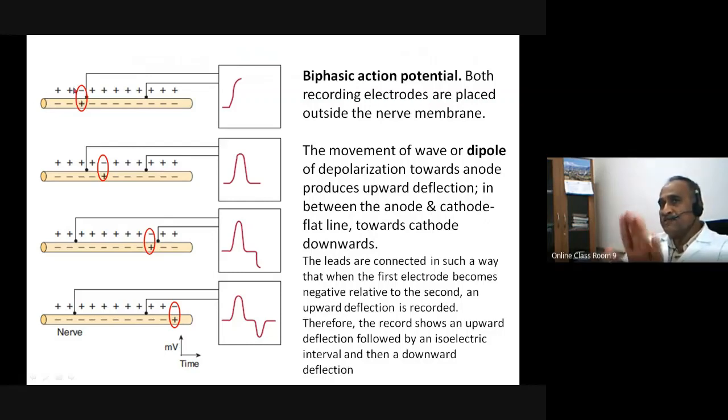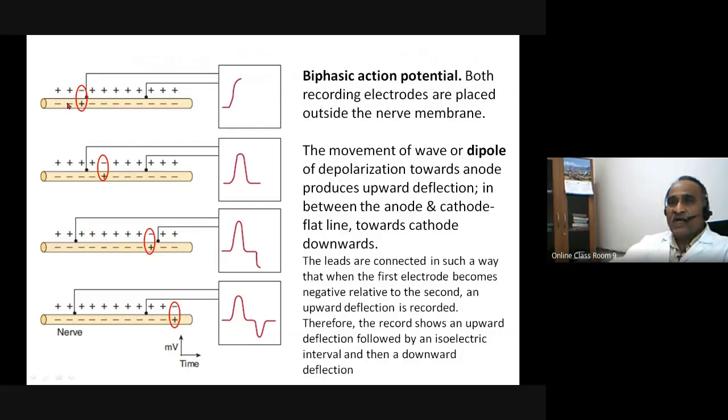All the time, outside is positive, inside is negative. When there is positive and negative, there is no change or drift in the electrical activity, because these electrodes do not detect any drift in the activity.